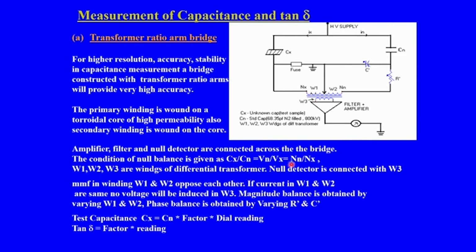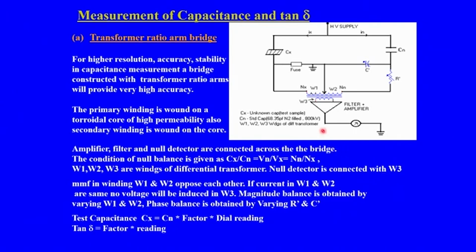For higher resolution, accuracy and stability, a capacitance measurement bridge constructed with transformer ratio arms will provide very high accuracy. That is one of the reasons the transformer ratio arm bridge is used to measure the capacitance and tan delta.